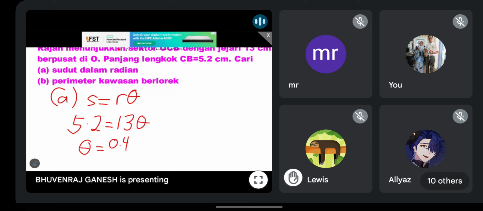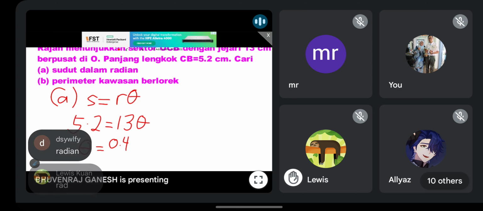Okay guys, yang ni degree ke radian? Jawapan ni. Adakah ini unit darjah atau radian? Bahagian A. Cuba recall balik. Kalau 0.4, ini radian ke darjah? Yes, okay, correct, radian. So guys, selalu hati-hati, remember to look back at the question.